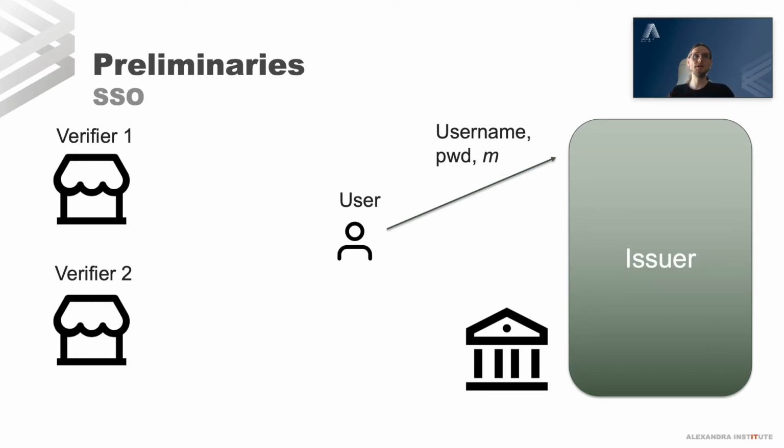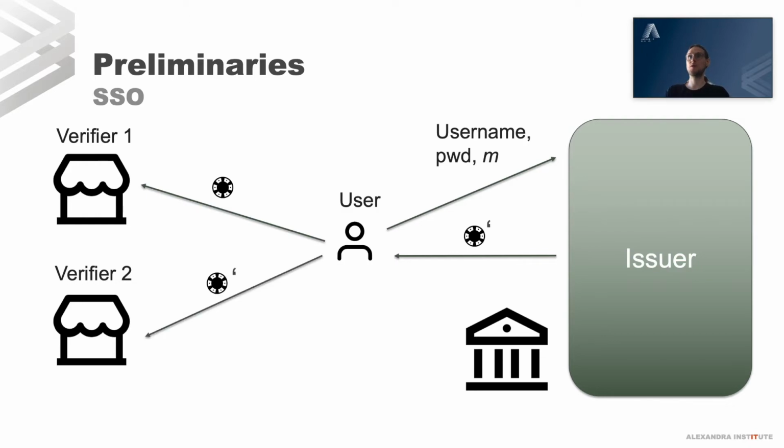So it can log into this account and receive a token for the user to authenticate towards a specific service, in this case verifier 1. So it can pass on this token to verifier 1 to prove that it has an account at this place and that it is a specific user. It can do this, again with username and password, towards another service, in this case verifier 2.